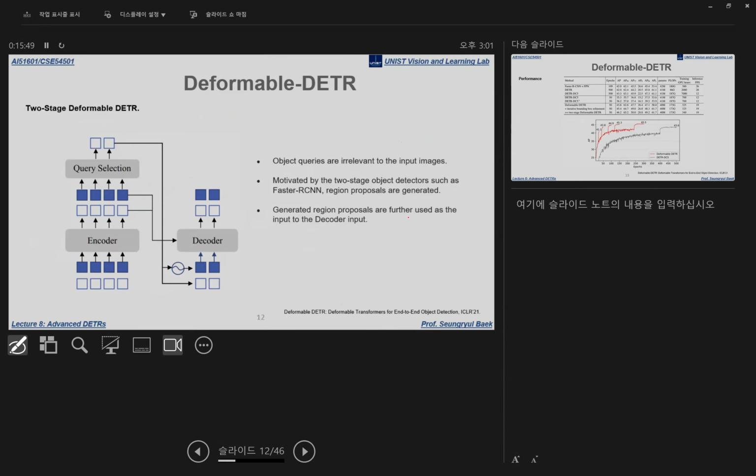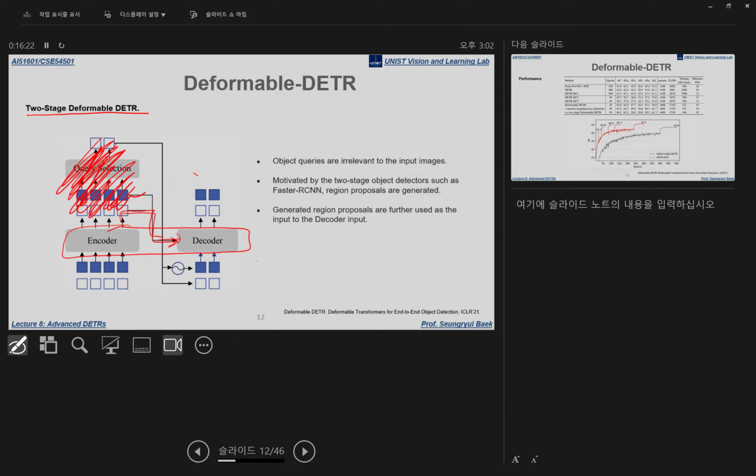And another important thing that has been made in the deformable DETR is, actually, if there's no such part here, then that is the same as the encoder decoder architecture that we have learned. The transformers are composed of encoder decoder architecture.